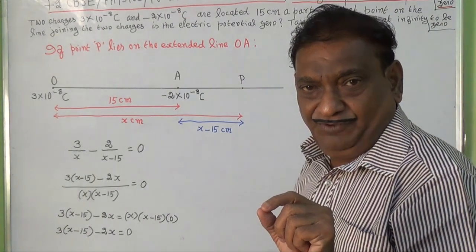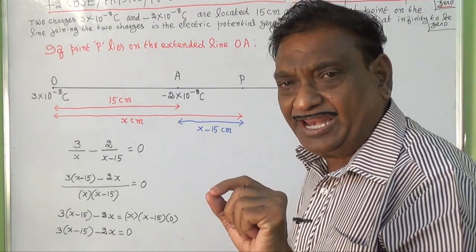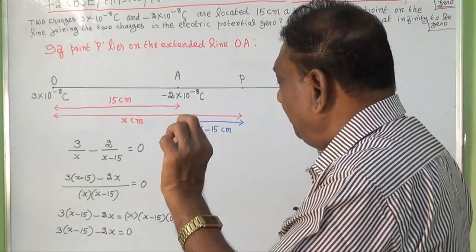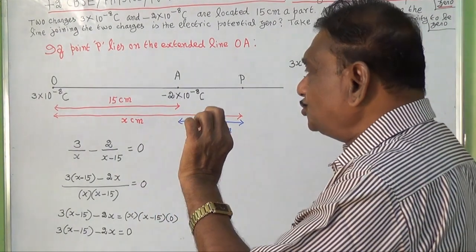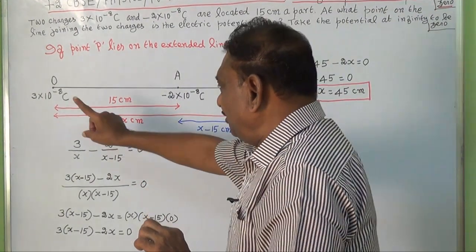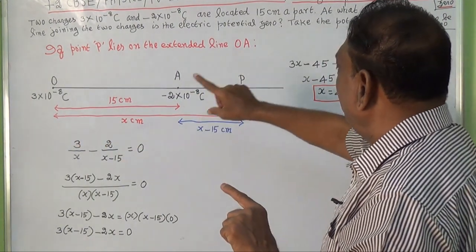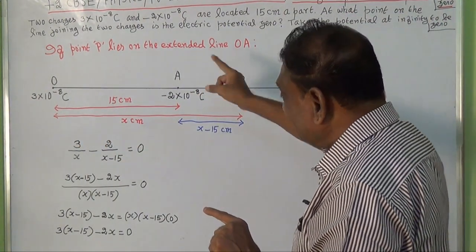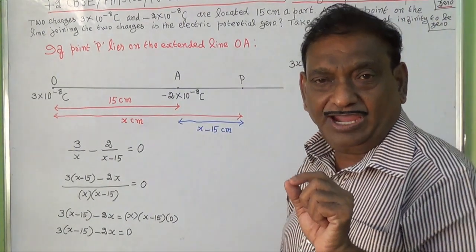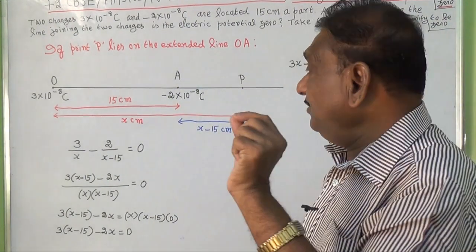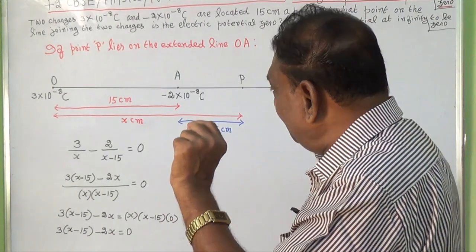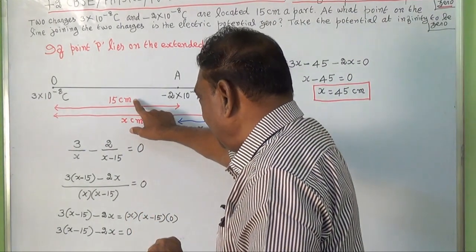For that, we are going to consider the distance between the positive charge, that is 3 into 10 to the power of minus 8 coulomb, and the point P as x. We know that the distance between the two charges is given as 15 centimeter.